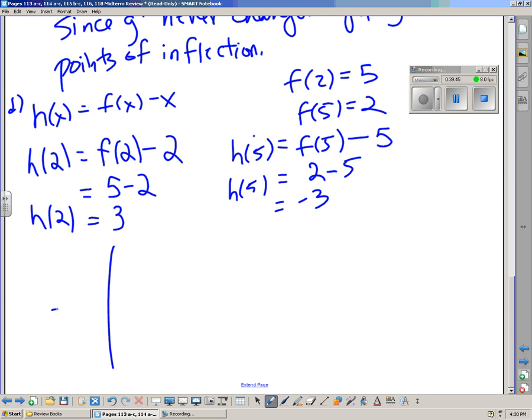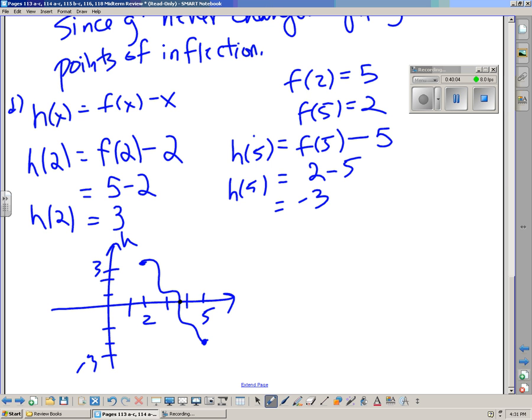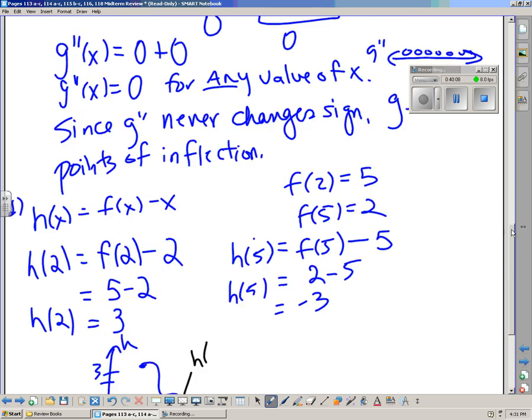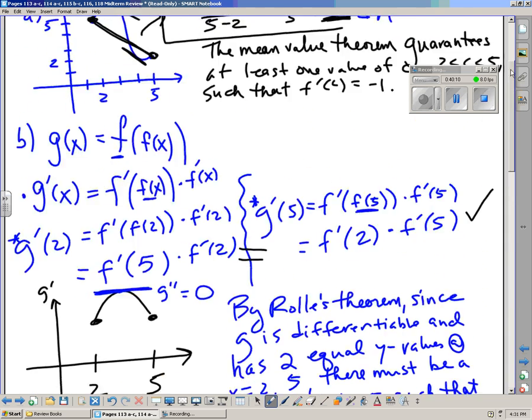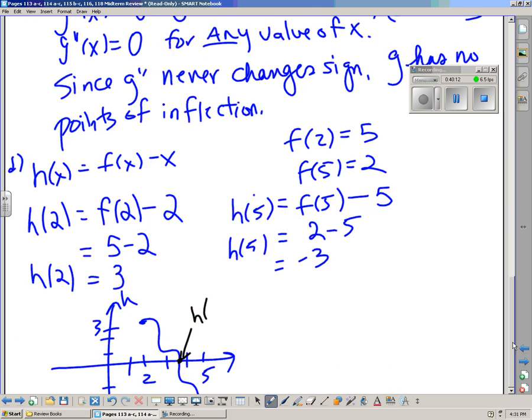So if we were to graph points on the graph of h here for a moment, I would have h of 2 being 3, and then h of 5 being negative 3. And so somewhere in the middle here, as long as we knew the function was continuous, we would have to have h of r, I think they called it, h of r being 0.